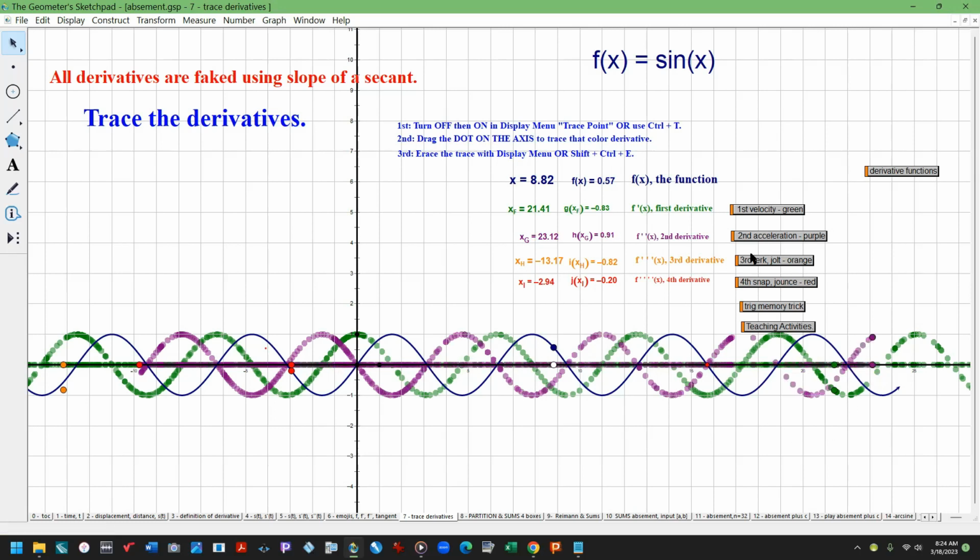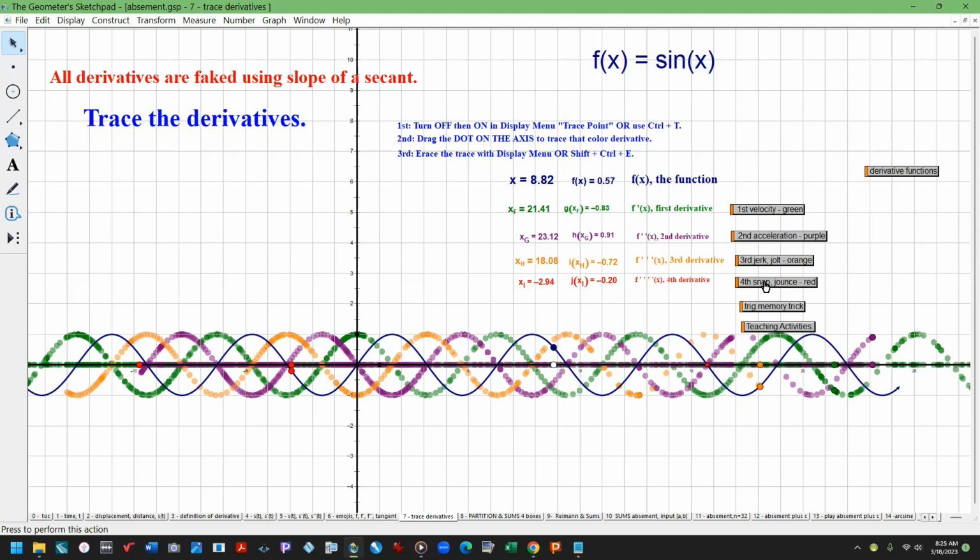Let's go for a third derivative. The derivative of the negative sine should be the negative cosine. Find orange. There we go. That's a negative cosine.